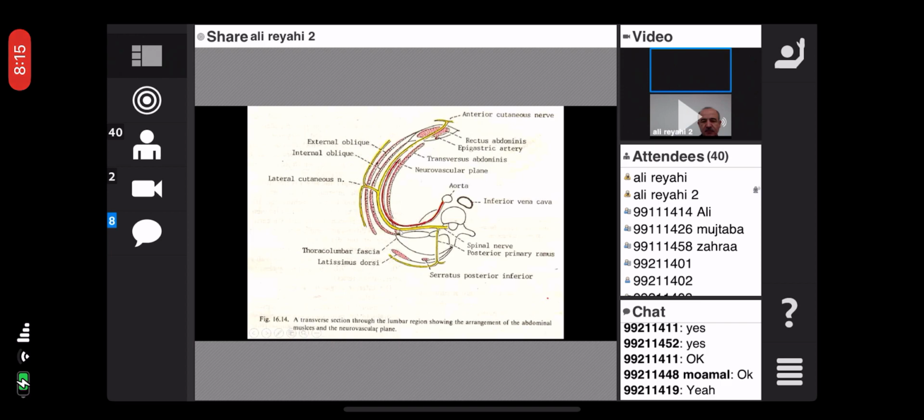Anterior ramus passes in the lateral wall of the abdomen, passes anteriorly and inferiorly, and it lies between the transverse abdominis and internal oblique. Okay, and passes anteriorly. And in this route, the branches of some arteries lie near the nerves.